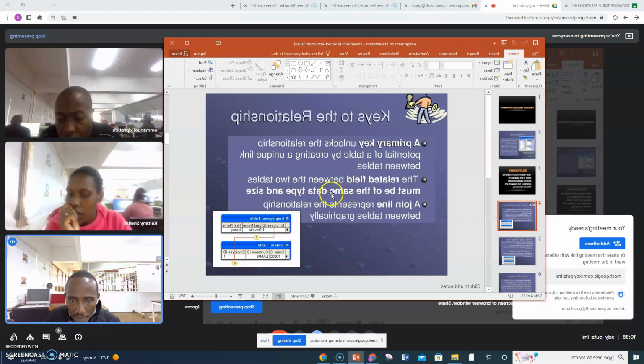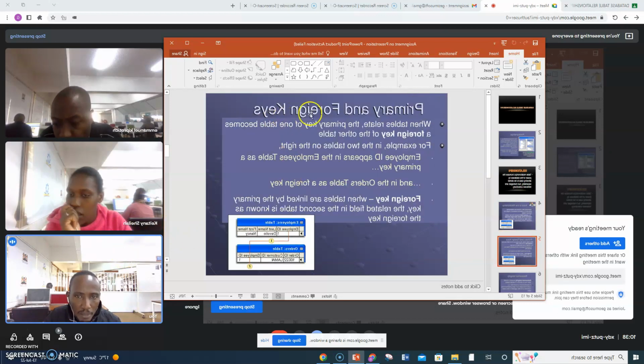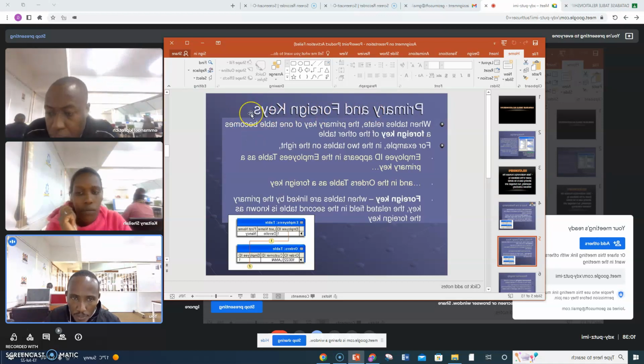But remember, they must have the same data types. Now, we have primary key and foreign key. As I said, a primary key is not in a relationship, but when a primary key is related to another table in a field, it changes to a foreign key.